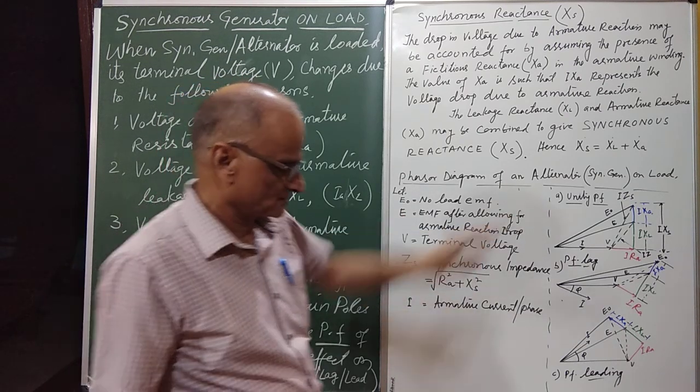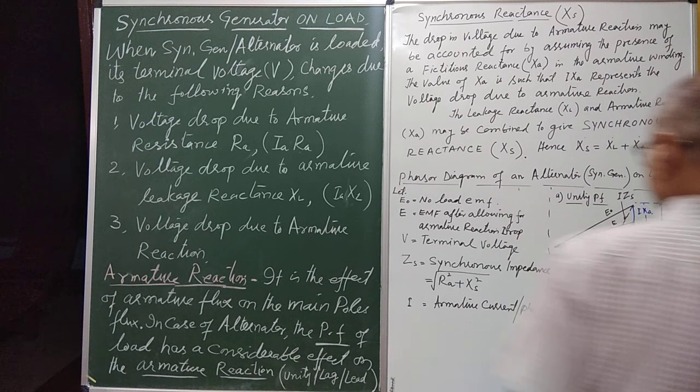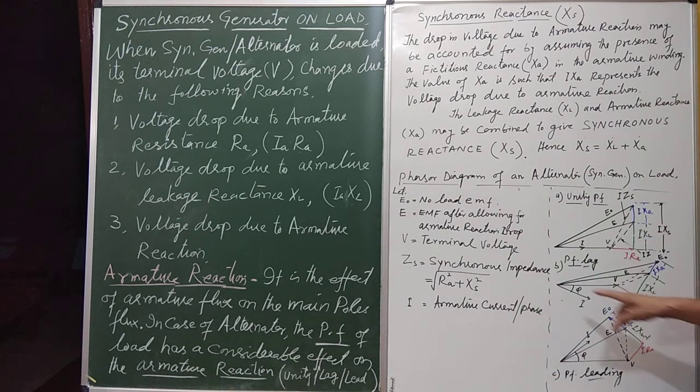So how will we draw this diagram? We will take V as a reference phasor. This is our terminal voltage. Unity power factor means current is lying on the voltage. IRA is a voltage drop in armature resistance. IRA drop is parallel to the current and IX drop is perpendicular to the current.